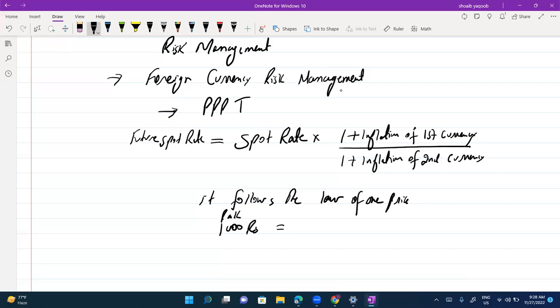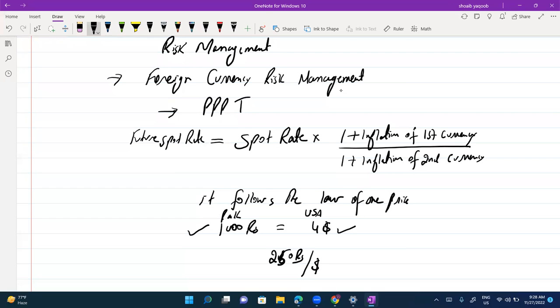But if in America, its price is equal to $4, that means our exchange rate will be equal to in such a way that if you have a 1,000 rupee, you can buy a burger here. Or if you have a 1,000 rupee, you can buy $4 and buy that burger in America. तो आप पाकिस्तान में खरीदें, आप बाहर खरीदें, you got the same price. This is purchasing power parity theory.